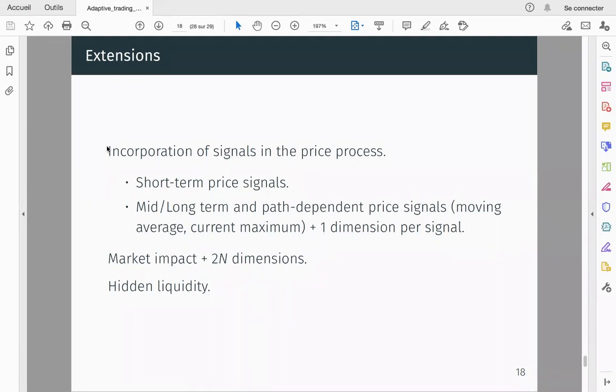There are two kinds of things. If you want to introduce dark pools here, what we suggested, in one work we did with Mathieu Rosenbaum and Iuliia, was to say that the probability of execution on a dark pool is basically a decreasing function of the imbalance on the other side of the lit pool.